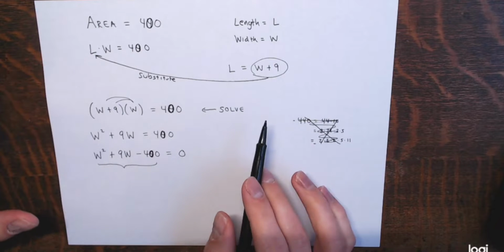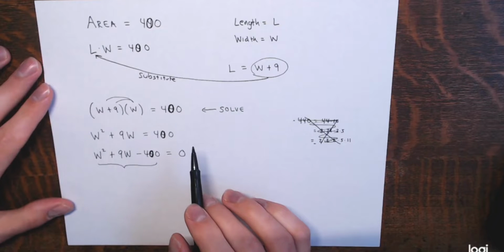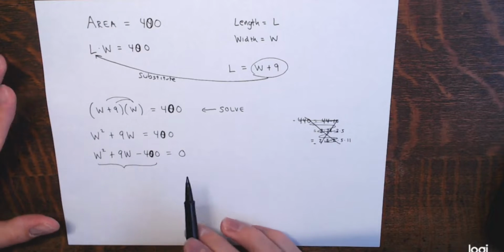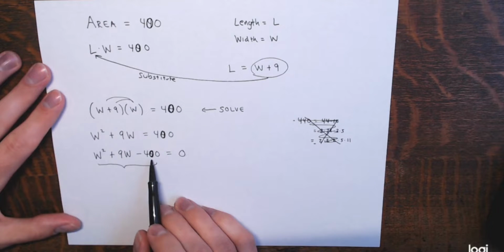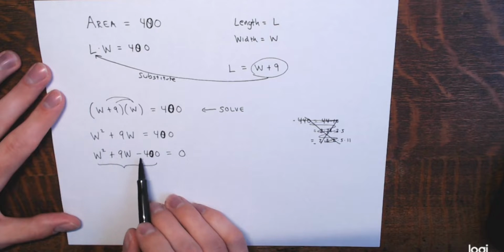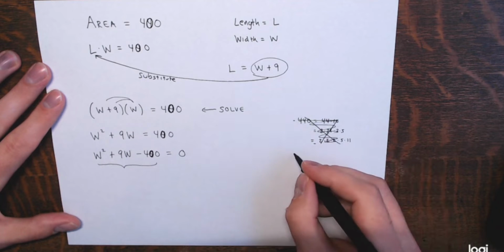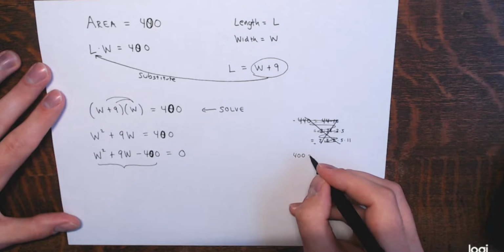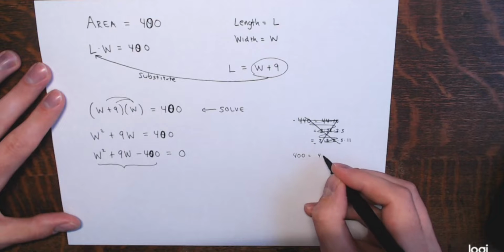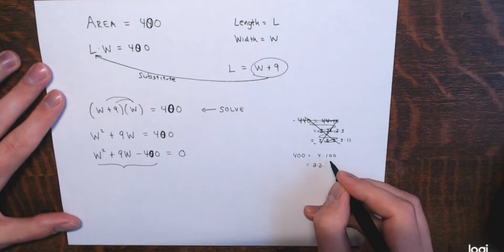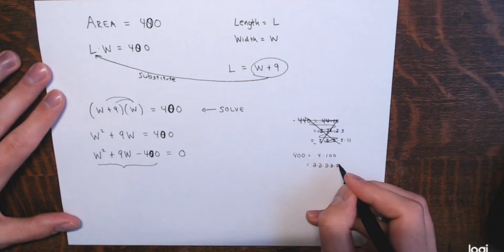The length was the width plus 9. w plus 9 times w equals 400 now. Subtract the 400. So now I'm looking for factors of negative 400 that add up to 9. Alright, so I'll do something similar over here. Maybe this will be easier. Now 400 is clearly 4 times 100, which is 2 times 2 times 2 times 2 times 5 times 5, right? 4 times 25.